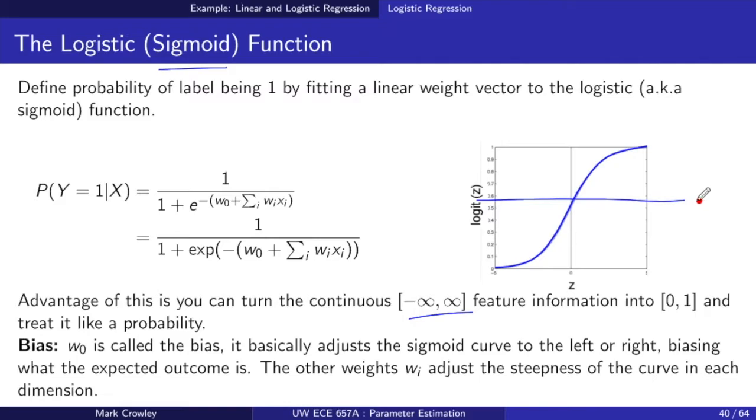If you set your threshold for classification somewhere here at, what did I set it to, 55%, then any values above this might be in the class, and any values below it would be not in the class. So that's the idea. And since it's got a dramatic change in the middle, it's good for that. Or at least everybody thought it was. They actually found better ways to do it afterwards.